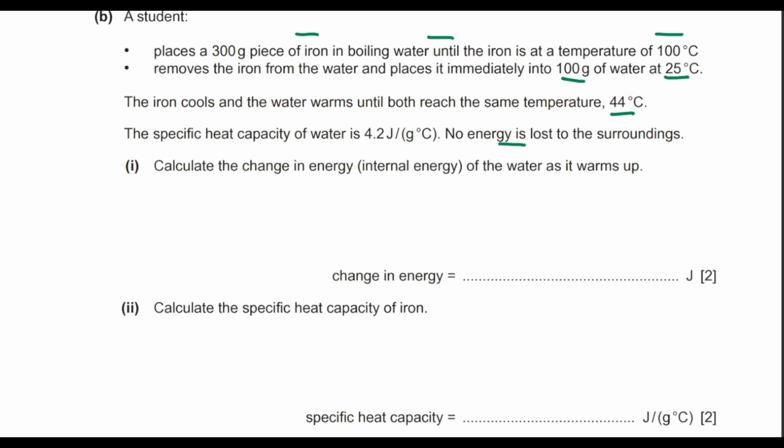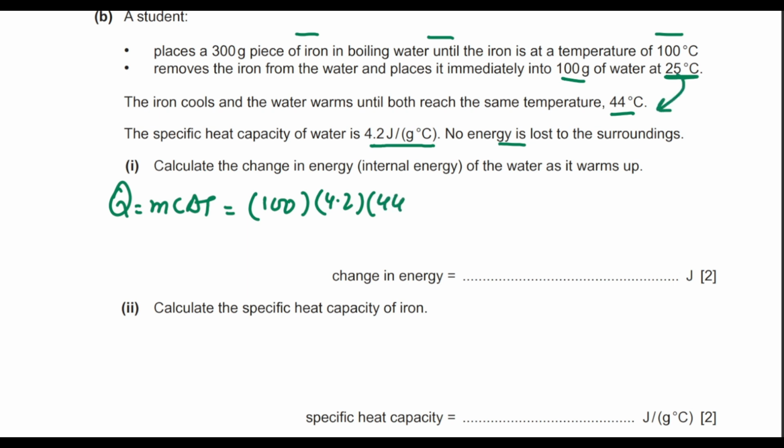So to calculate the change in energy, we'll have to use the formula Q equals mc delta T. Now, the mass of water is 100 grams, right? Do we need to convert grams into kilograms? No, because the specific heat capacity given to us is in grams as well. So 100 multiplied by 4.2 into the delta T, a change in temperature from 25 to 44.